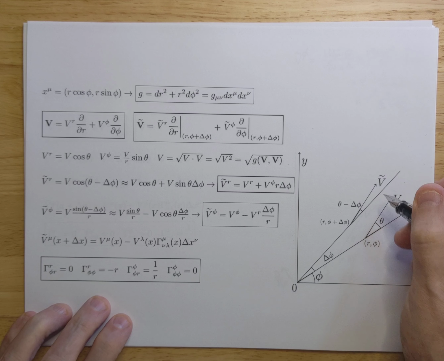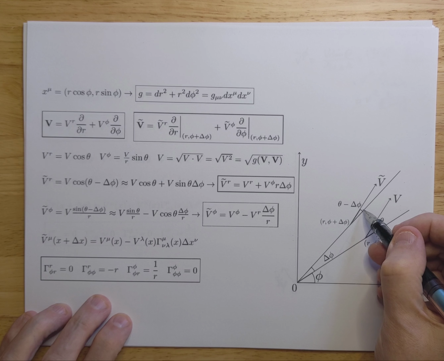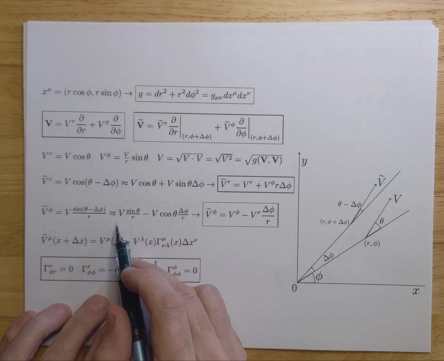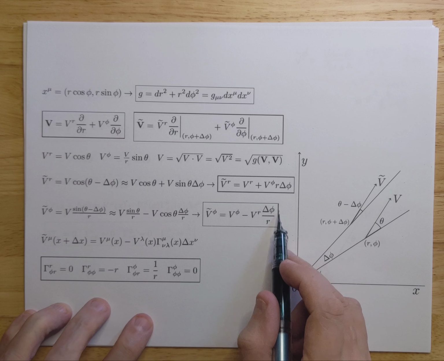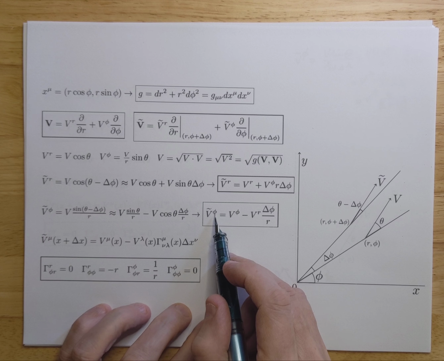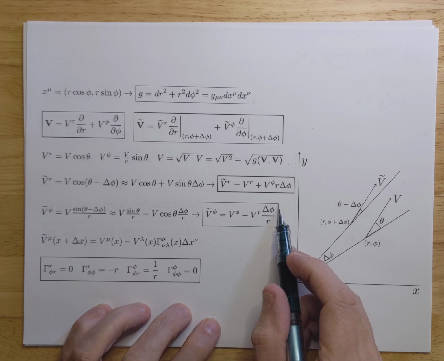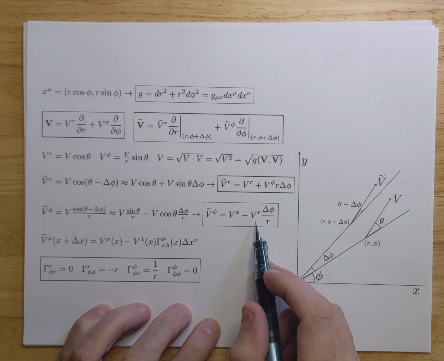This is R, this is also R, so we don't get an R plus delta R here, for instance, but what we do get is a theta minus delta phi here, because that angle got smaller, okay, for the sine. If you work that out, you get something similar. You get again phi tilde phi equals phi phi, the original one, minus a component. And this component, of course, again, can be translated into a Christoffel symbol.